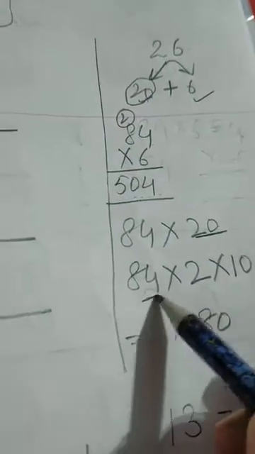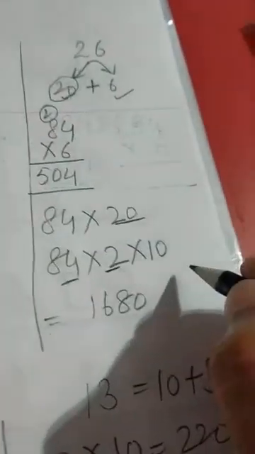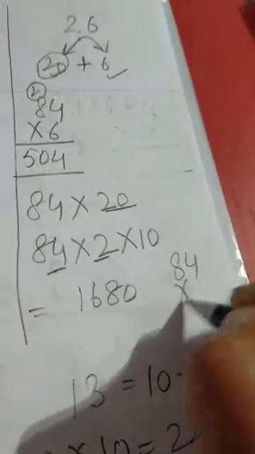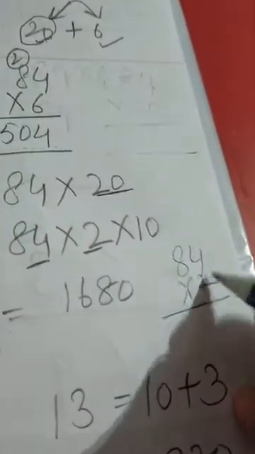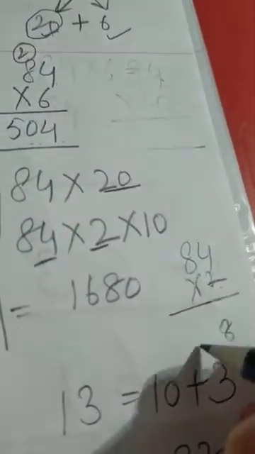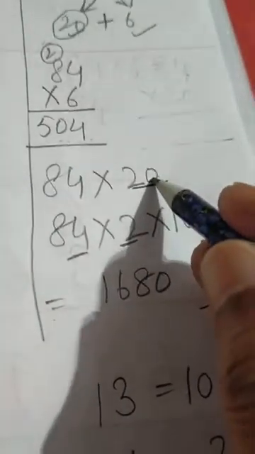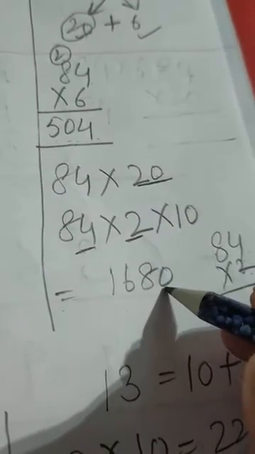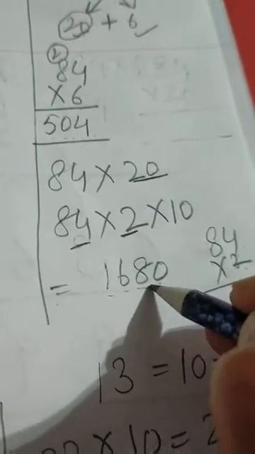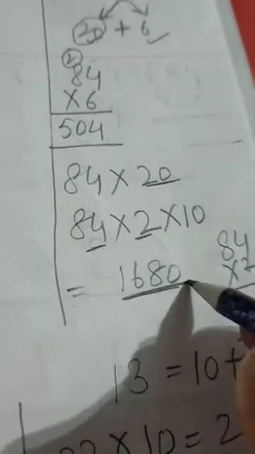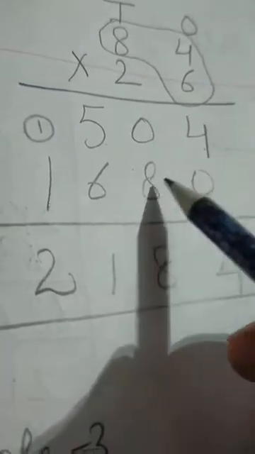We will multiply 84 by 2 firstly. 2 4s are 8, 2 8s are 16. We will get 168, but 1 zero is also there. So we will write 0 on the right hand side of the 168. It will become 1680. So we will write 1680 from the ones place: ones place 0, then 8, then 6, then 1.